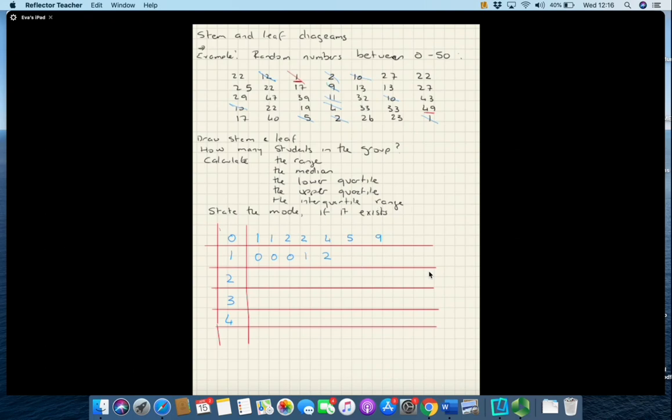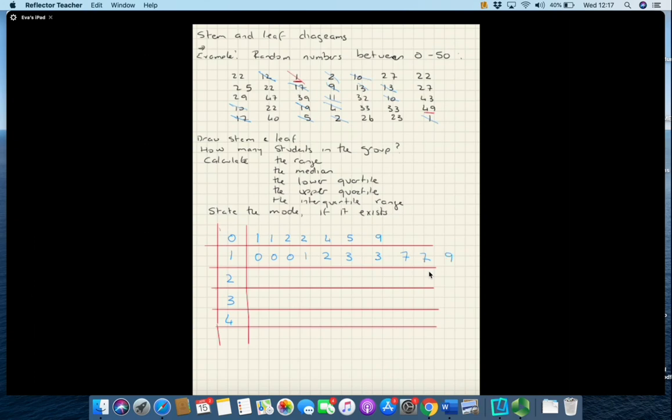I have a 13 and a 13. I have a 17, another 17, and a 19. Okay, so 20s are next.